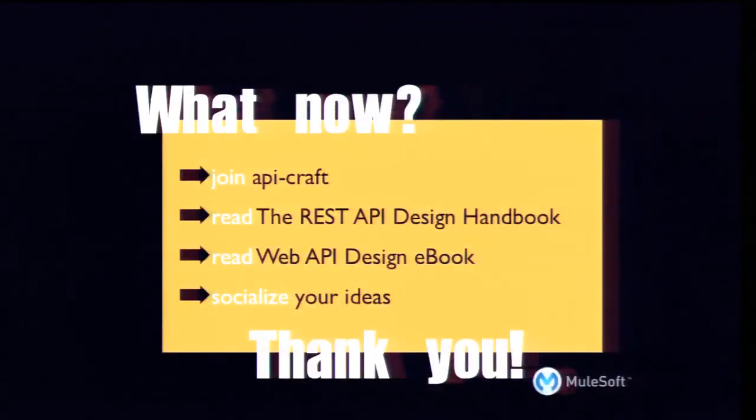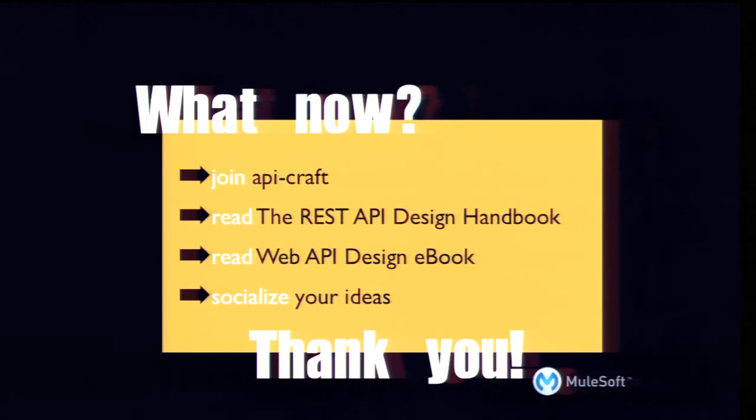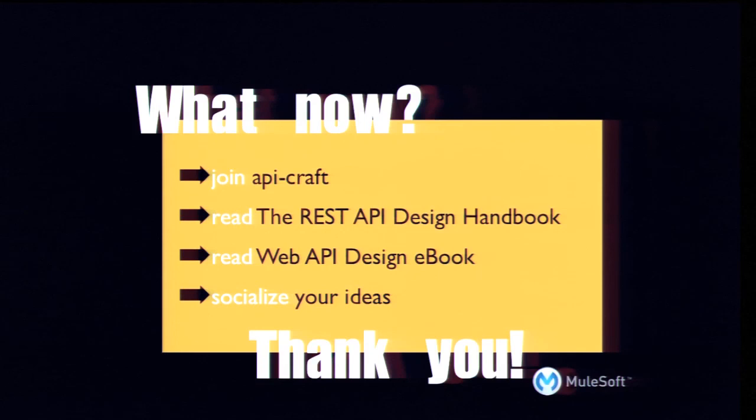So what now? I'm actually not going to pitch API Craft. There's some folks that don't particularly like it. I like it. You can join it. It's a decent Google group, and they do answer folks. And there's a couple books here. George Reese's, and I'm just noting the very short ones, because I know everyone has small attention spans.